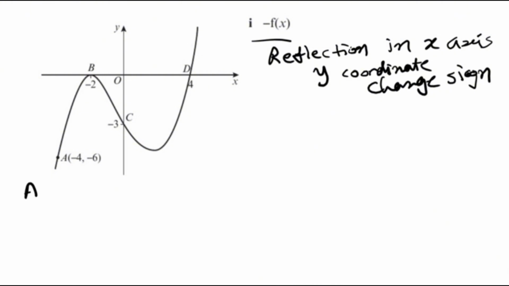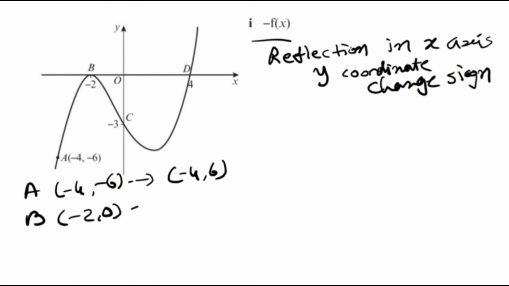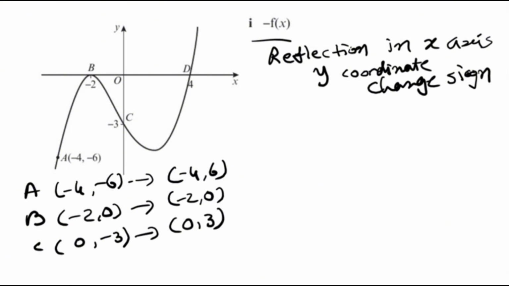So, for coordinate A, minus 4, minus 6 will become minus 4, 6. B, minus 2, 0 will stay as minus 2, 0. C, 0, minus 3 will turn to 0, 3 because the y coordinate will change. And D, which is 4, 0, will also stay as 4, 0.